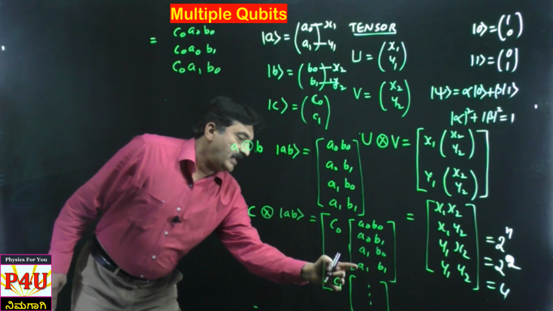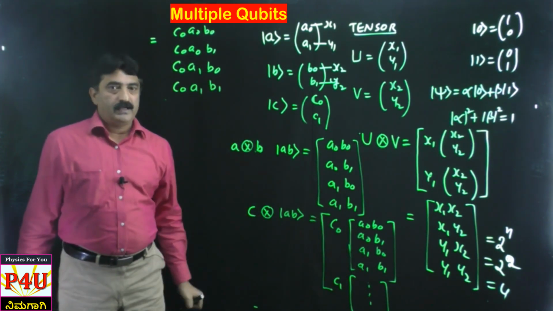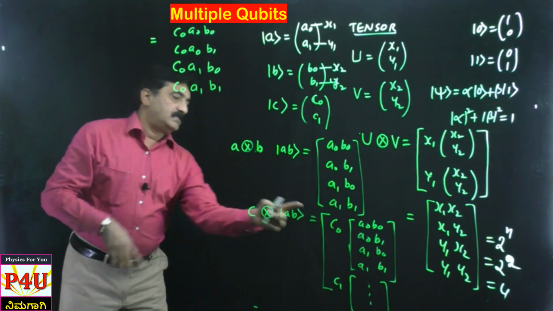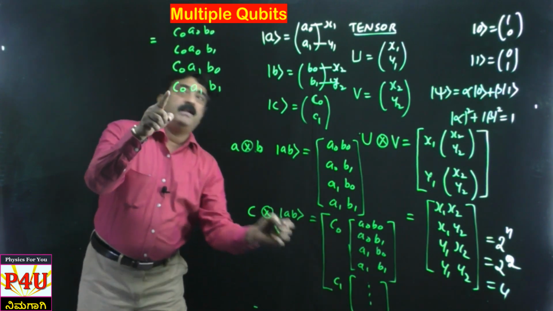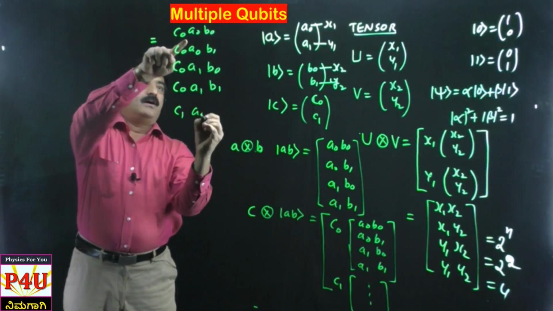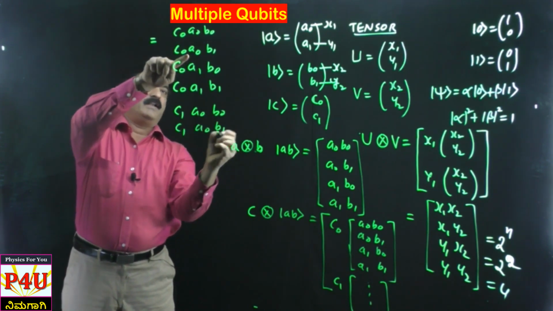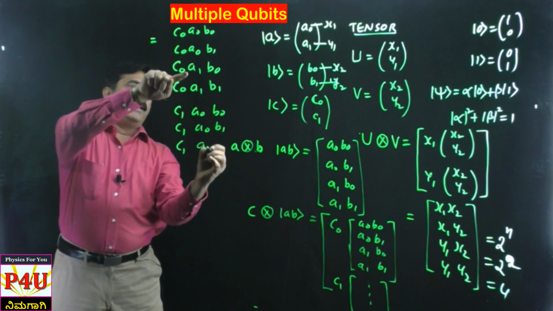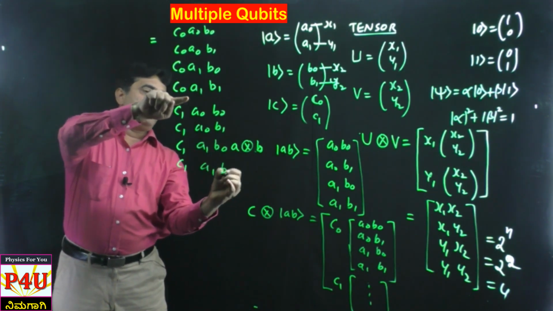So 4 elements are generated with C0. Now you just replace C0 by C1, rest everything remains as it is. So C1 A0 B0, C1 A0 B1, C1 A1 B0, C1 A1 B1.